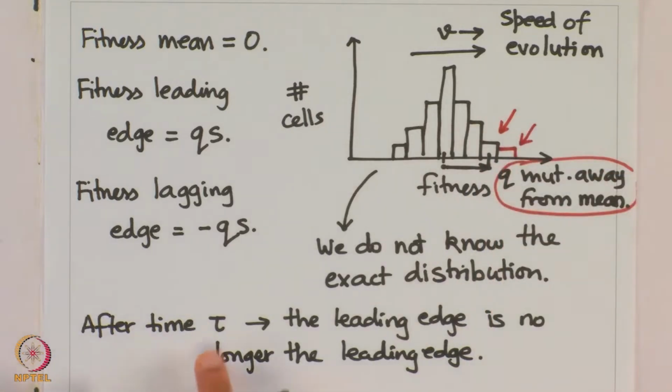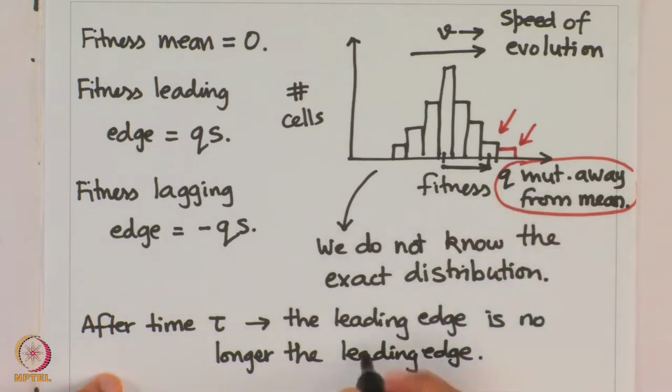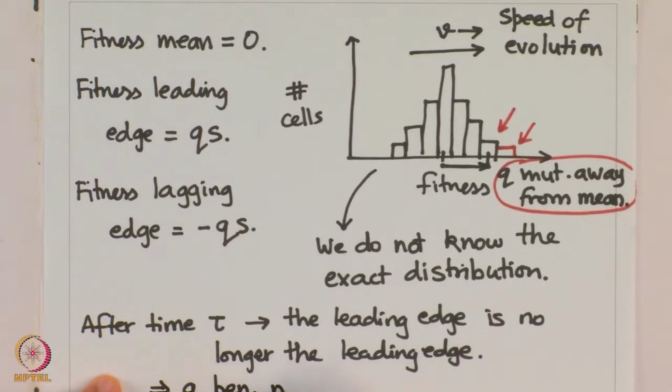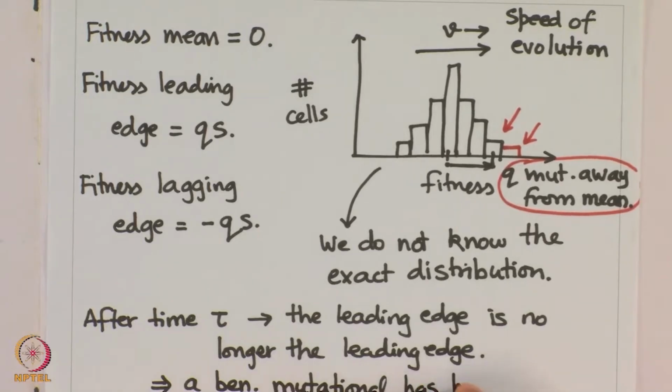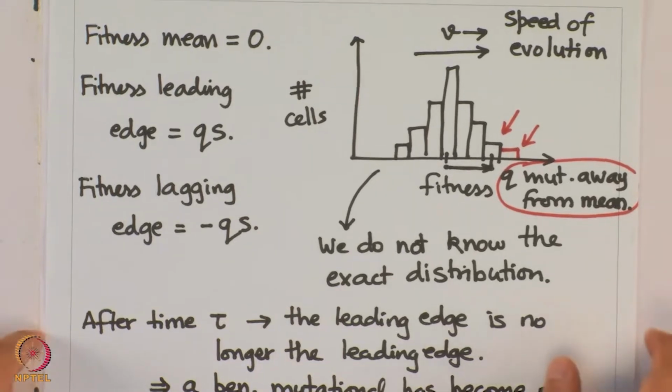So, tau is the time it takes for this culture to have another beneficial mutation get established, so that the leading edge is no longer the leading edge. So, the leading edge is no longer the leading edge implies that a beneficial mutation has become established in the population. So, let tau be the time.